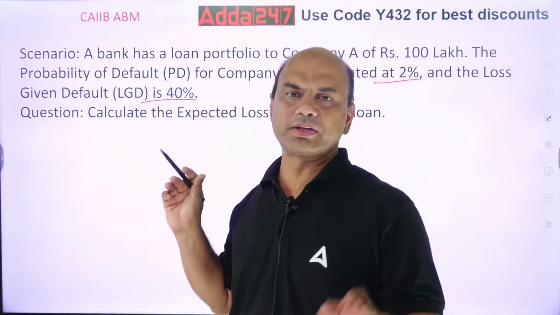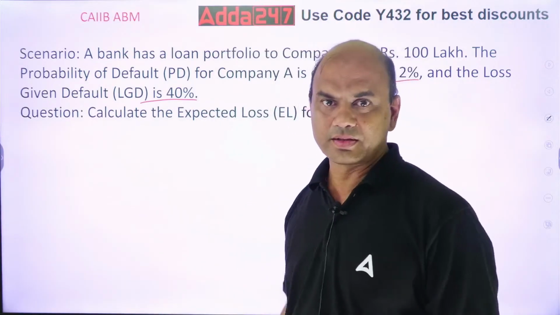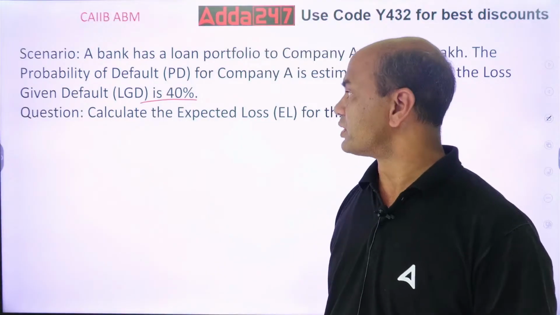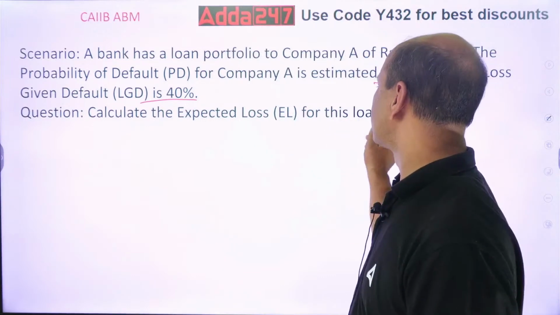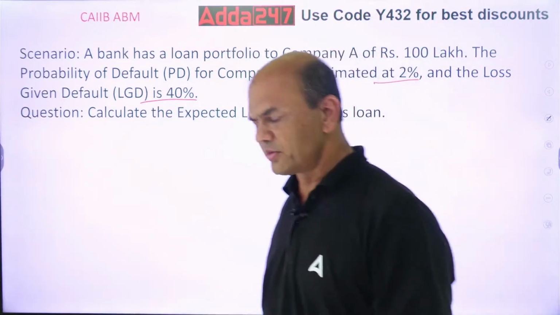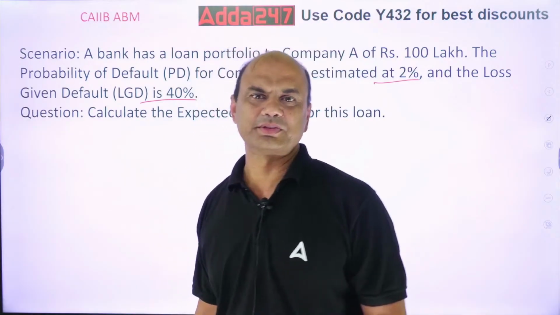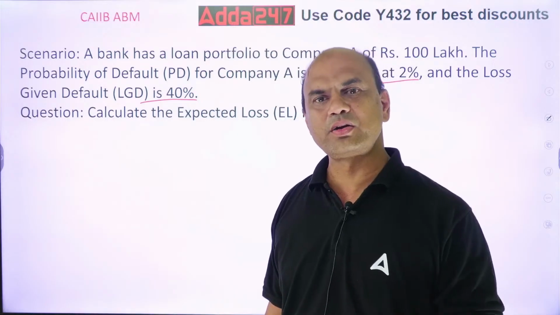It means if the company becomes NPA, the loss for me as a bank is 40%. Now the question: calculate the expected loss for this loan. This question might come for 1 mark, or as an additional question for 2 marks.